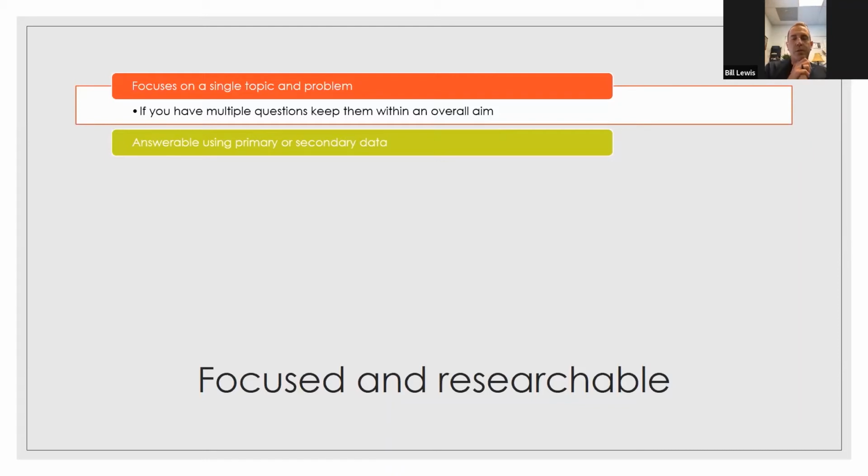So you really want to try to get your question down to a single focus for the first one. If you're asking too many questions and too many problems, I'm having a discussion with one of the students today. They're looking at domestic violence screens. So she's asking, how are providers' views on it?